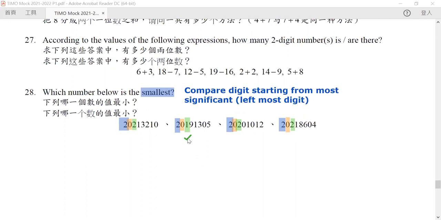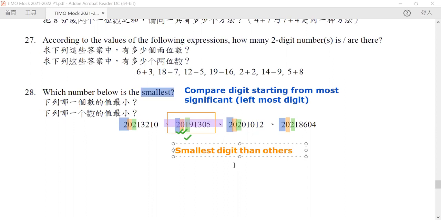So it has the smallest digit in the most significant differing position. Okay, so 2101913115 is the number which is smallest.